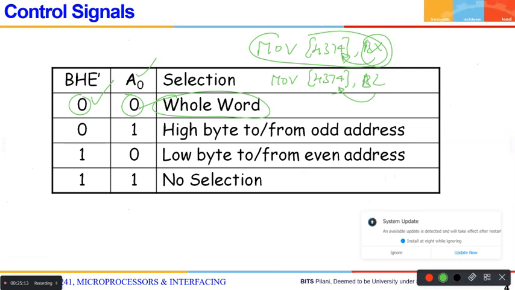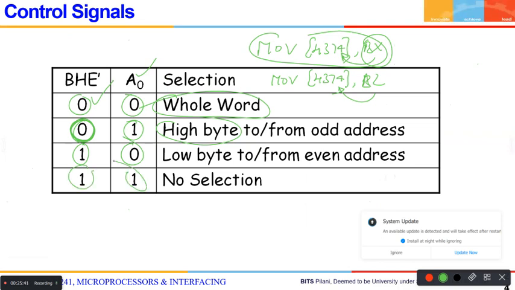Now just imagine when bus high enable is low and A0 is 1. Can you tell me what it will read? It will read or write only the higher byte. Now if this is 1 and this is 0, it will read only the lower byte. Now tell me what happens when both are 1?